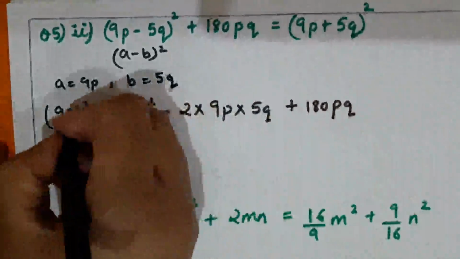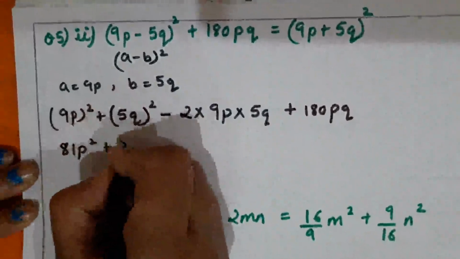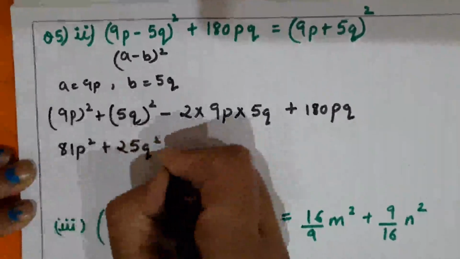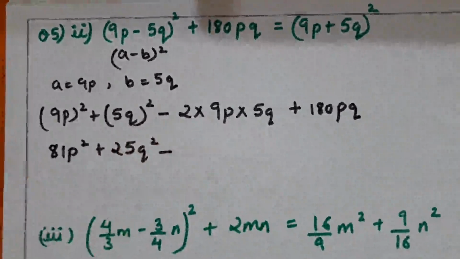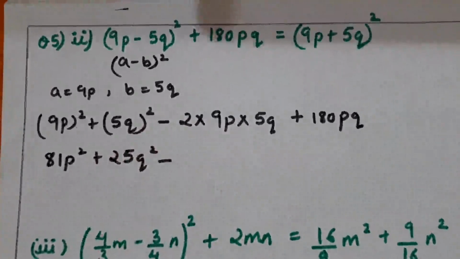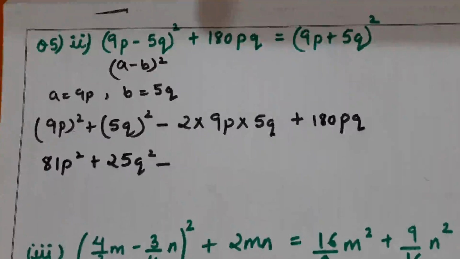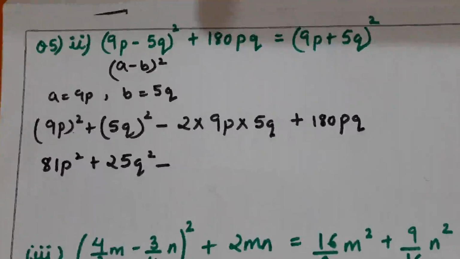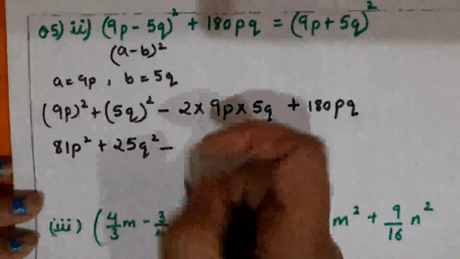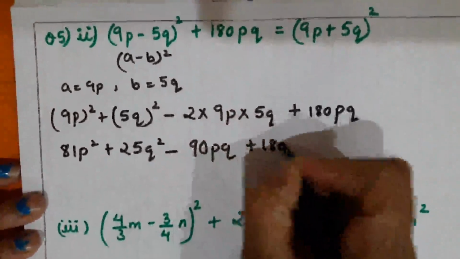Okay, so it gives you 81p square plus 25q square minus 90pq plus 180pq.